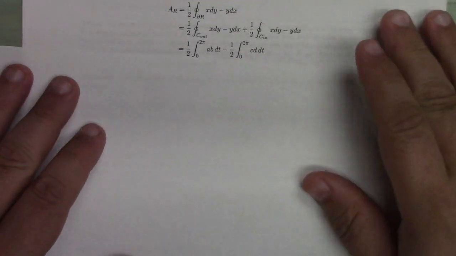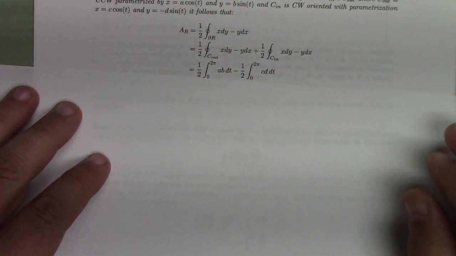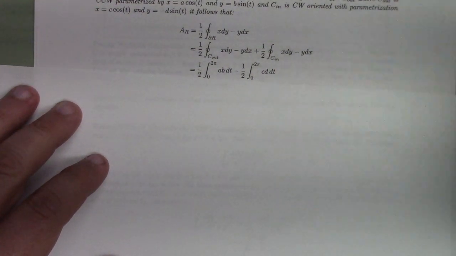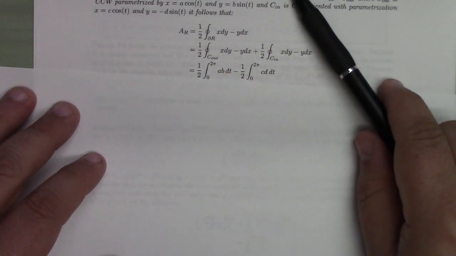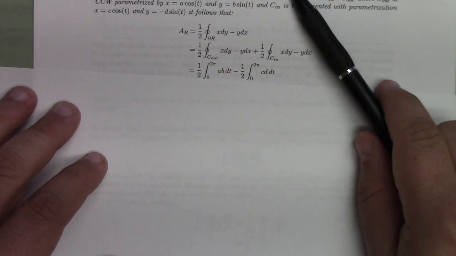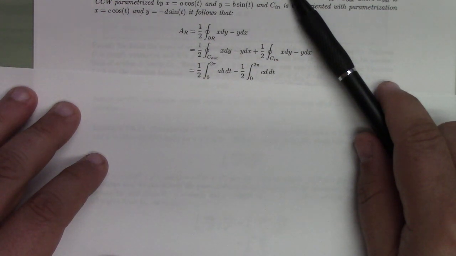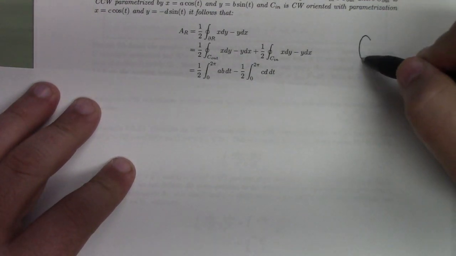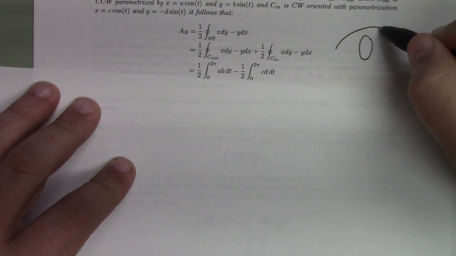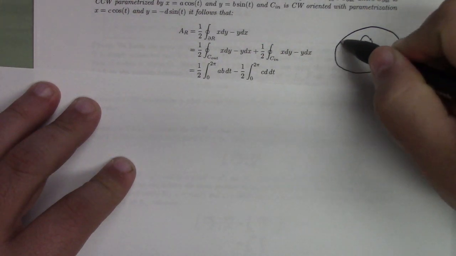Next, let's see this one here. I found the area bounded by ellipses. I've got an inner ellipse and an outer ellipse. It could be like this. That should have been symmetric.